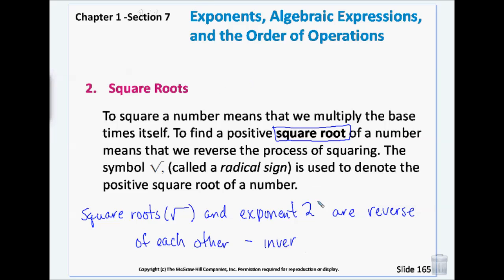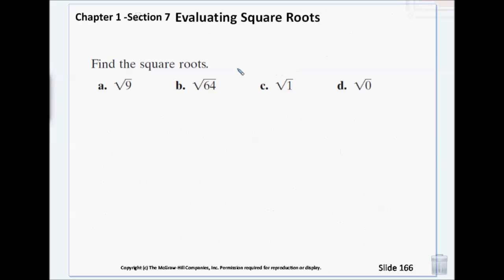Inverse has an S. What that means is they undo each other. So addition and subtraction undo each other. They're inverse operations, multiplication and division undo each other. Well, square roots and exponents of 2, so squares, undo one another. Finding the square roots is a little bit easier.